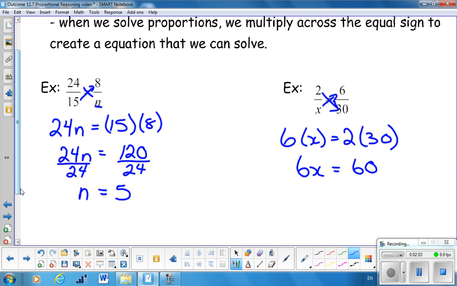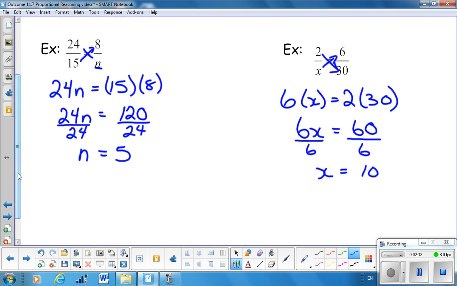To get the x by itself, we want to divide both sides by 6, and we end up with x being equal to 10. Now that we've solved those proportions, we could write those as equivalent ratios by substituting in 10 for x. And so we would end up with 2/10 is equal to 6/30.